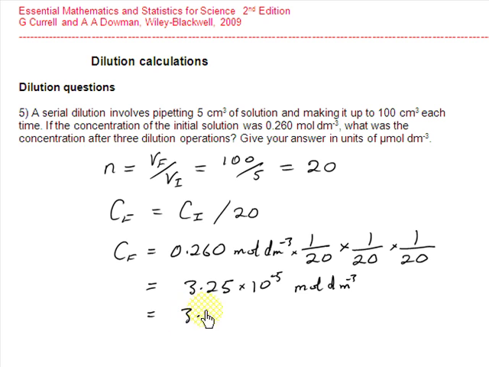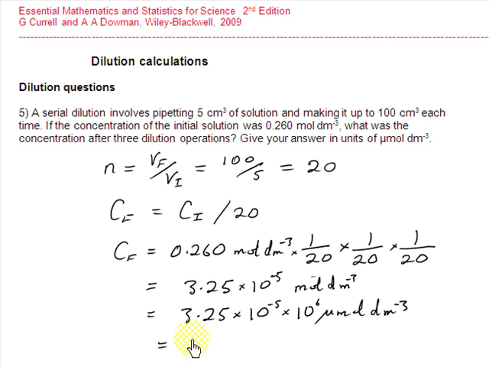And then we know that we can change the mole into micromole, because we know that 1 mole is equal to 10 to the 6th micromole per decimeter cubed. And then adding up the powers of 10, 10 to the minus 5 times 10 to the 6 will be 10 to the plus 1, which is just multiplying by 10.